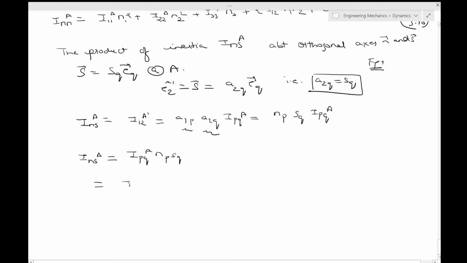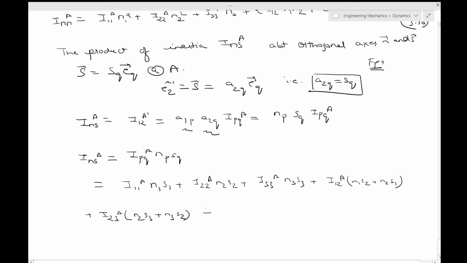We'll say that I11 of A n1 s1 plus I22 of A n2 s2 plus I33 of A n3 s3, okay, plus I12 of A (n1 s2 plus n2 s1) plus I23 of A (n2 s3 plus n3 s2) plus I31 of A (n3 s1 plus n1 s3).